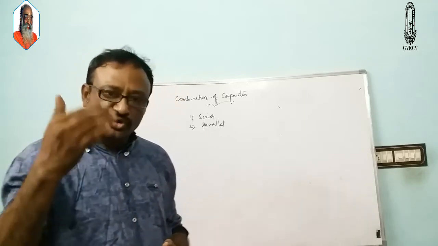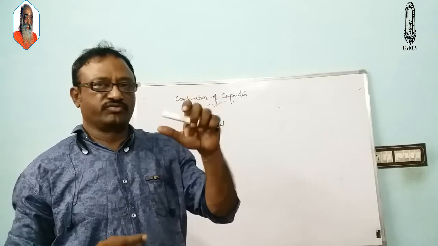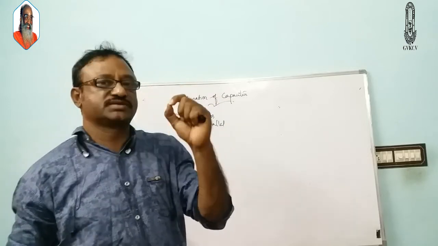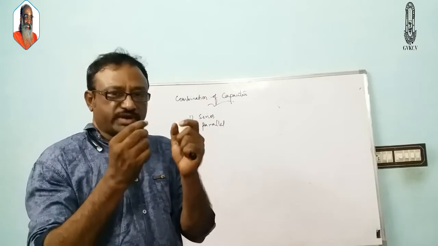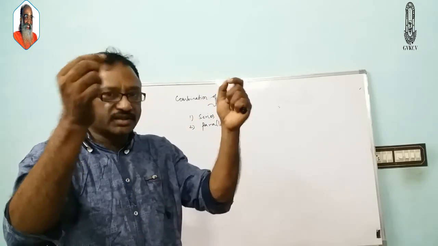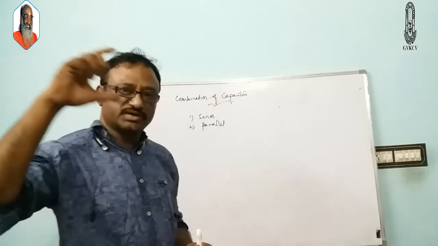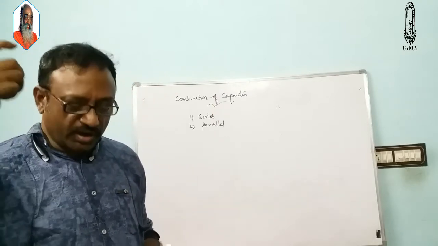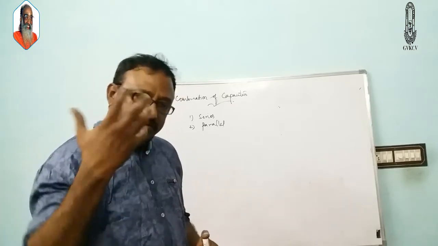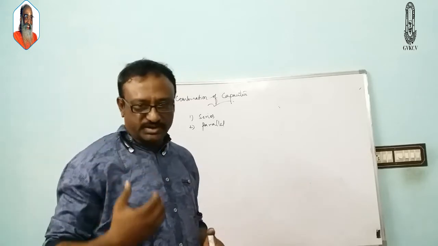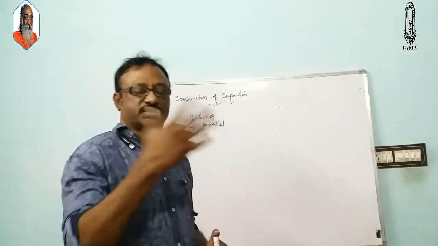Similarly, when you want to decrease the resistance of a particular resistor, what you do is take another resistor and bring it into a parallel combination. In the parallel combination, the effective resistance is reduced. So either to increase or to decrease the effective resistance, we group either in series or in parallel.